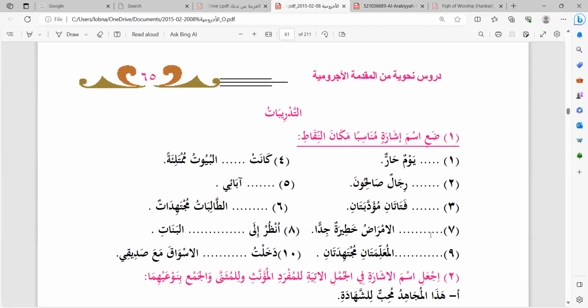Okay. The next one, the seventh one. أمراض is like saying diseases, plural. خطيرة جدا. How would you say it? Remember, diseases is غير عاقل. It's not somebody that's living. How do you say these diseases are dangerous or very dangerous? Everybody's quiet. Come on.